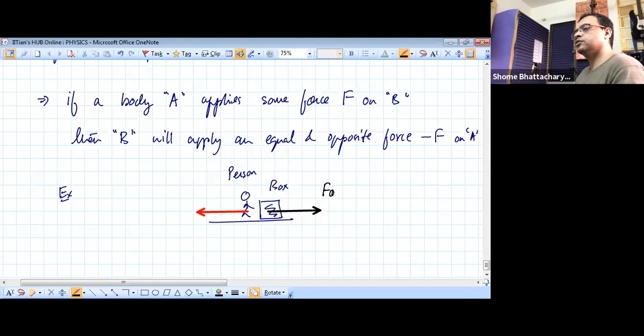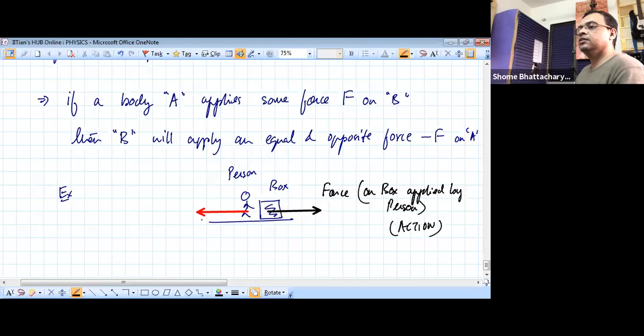So this is the force on the box, applied by the person. We are calling this the action. Then this is an equal and opposite force on the person, applied by the box. This will be the reaction.